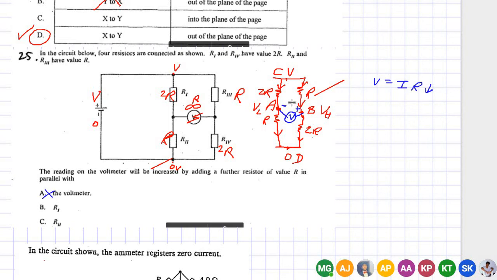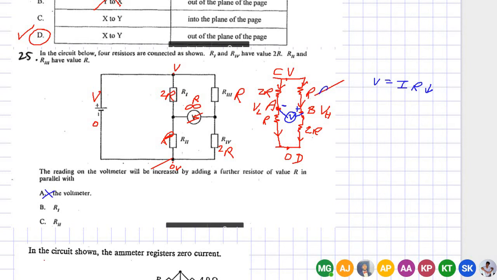So now you're left with these four options. Think, you can increase the voltmeter reading by either increasing the potential at B or decreasing the potential at A. Two possibilities are there. So how can you increase the potential at B? If you decrease the effective resistance between C and B, you can do that.